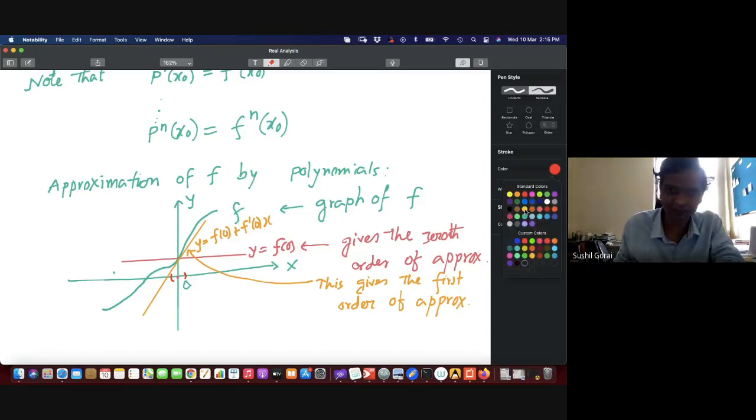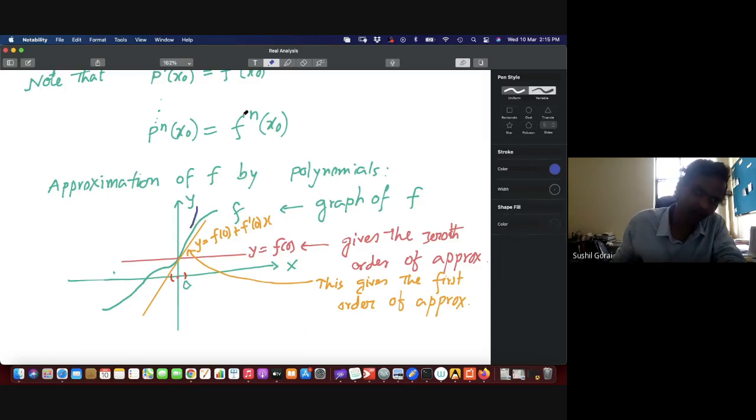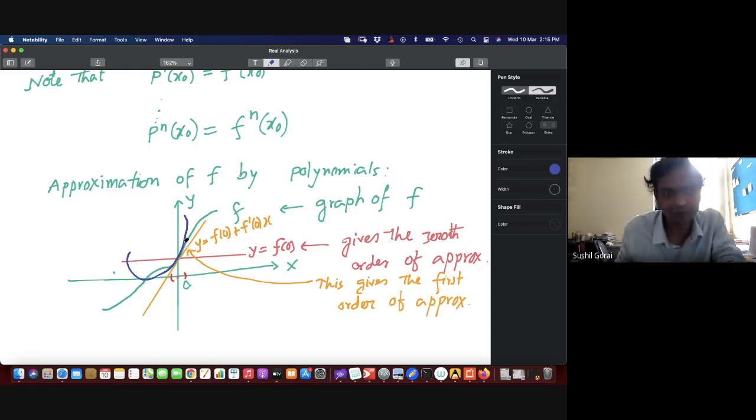And similarly, let's look at the next one, which would be something like this. This will give a little more closeness.